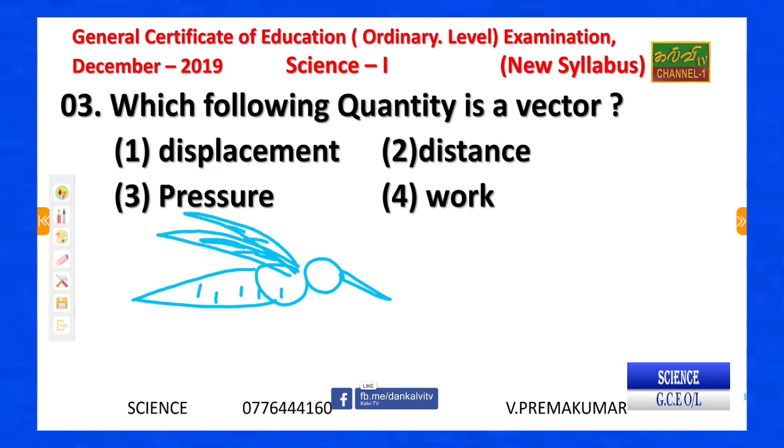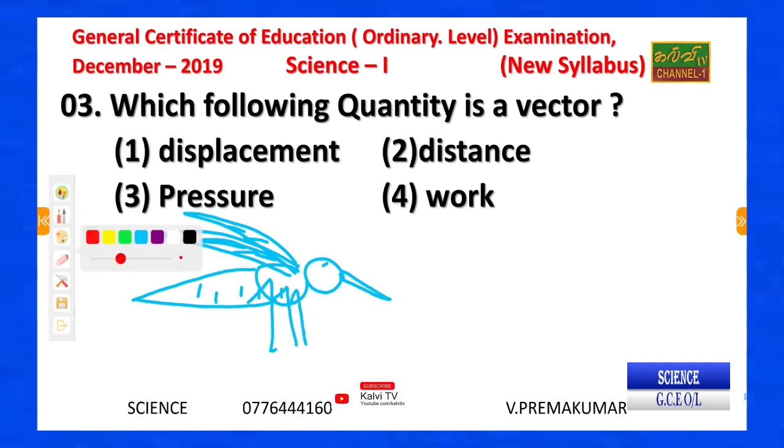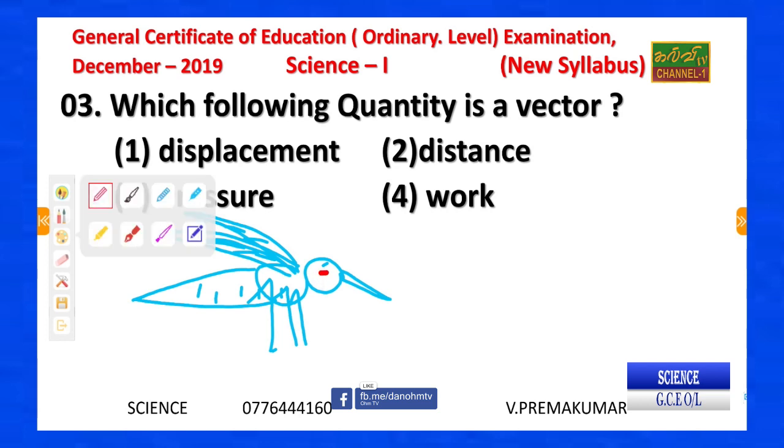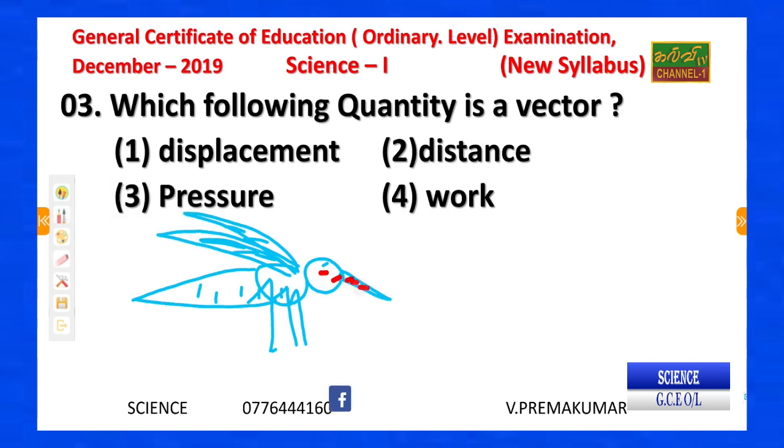We'll see. This is a mosquito. The mosquito can carry what? Certain kinds of virus. Certain kinds of virus can be carried by it.